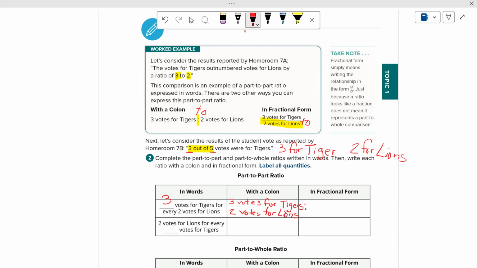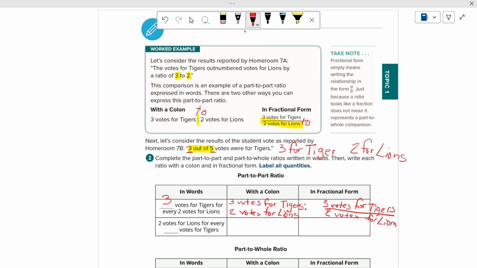Boy, this is a real learning curve here. Okay. And then for fractional form, we would just write 3 votes for tigers on the top, and then draw the fraction bar, and then put 2 votes for lions on the bottom.